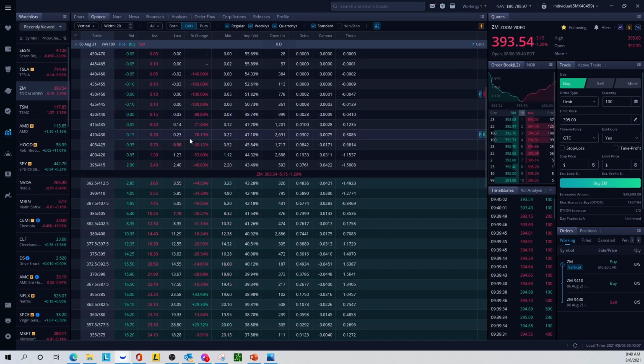And so just be mindful of liquidity. We talked about that in the other video. If the spread is kind of large, so it's bouncing between 20 cents, 15 cents or so, sometimes that makes it difficult to exit the trade.